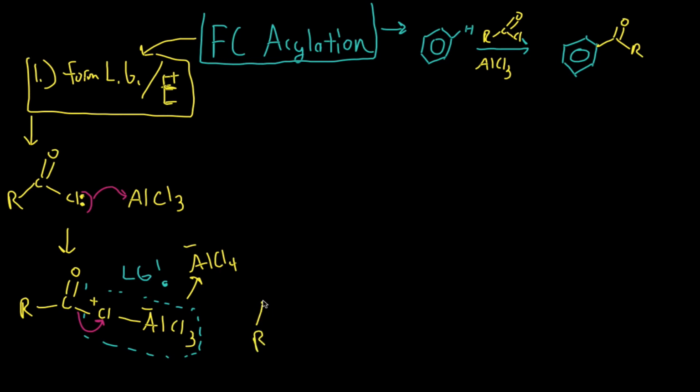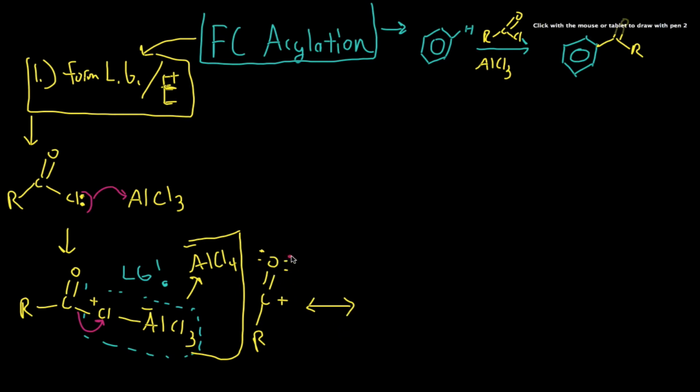But you get an acylium ion, or well, it'll be resonance stabilized to form something like this. So what do we have here, though? We have a carbocation. The reason why I'm drawing this out here, I'm just going to give myself some space to show here. Remember that the minor resonance structure is what determines the reactivity of your molecule. So that's my minor, but let's go ahead and draw the major resonance structure.